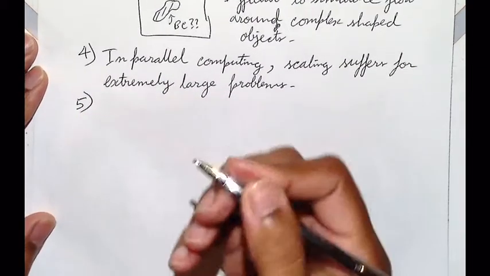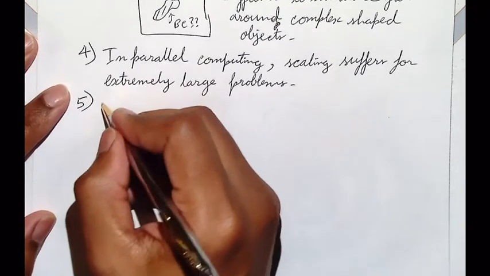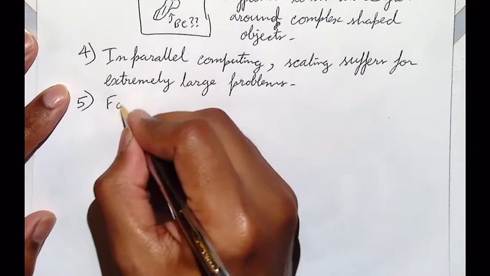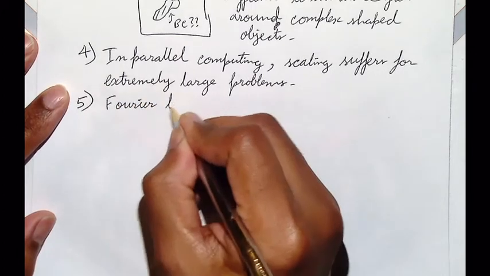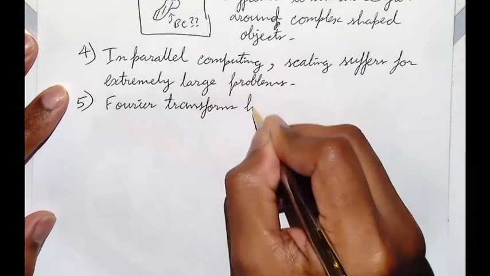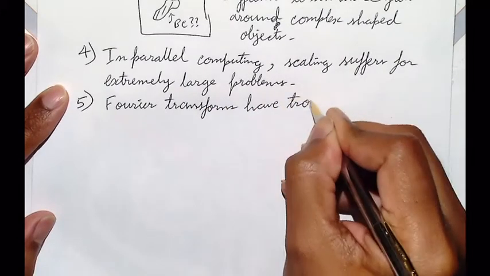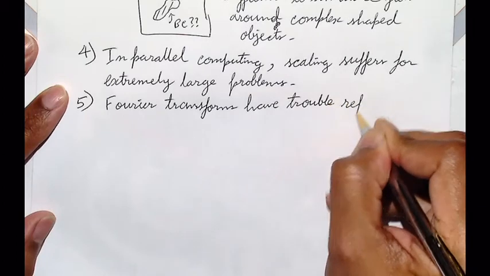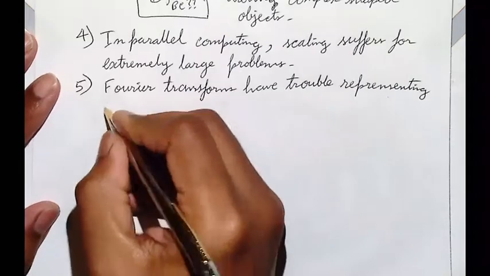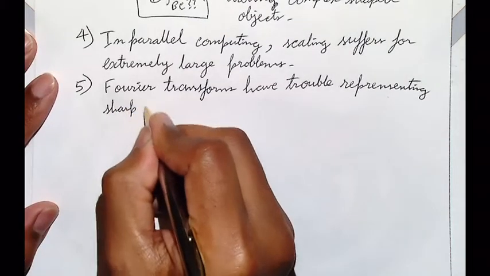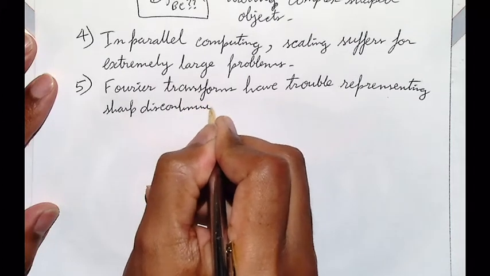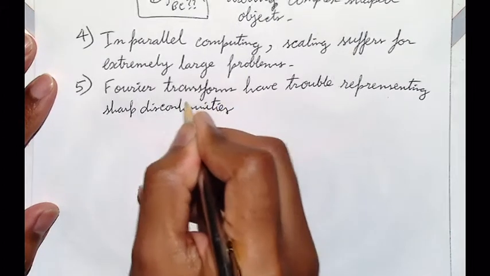Then one of the biggest ones is, Fourier transforms have trouble representing sharp discontinuities or shocks.